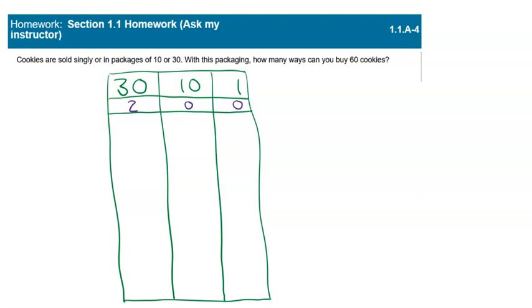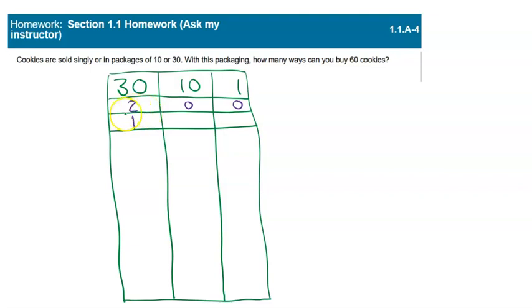Okay. Now let's do it again. Now I can't do it any other way with 2 packages of 30 because we've already done that. So let's lower this down to 1 package of 30. Okay. Now if I do 1 package of 30, then I still have 30 cookies that I need to fill the order, right? So again, do the biggest amount you can do with the next number in line as well.